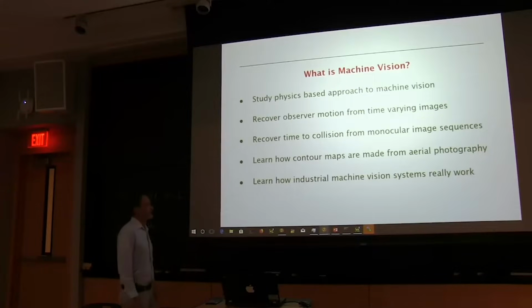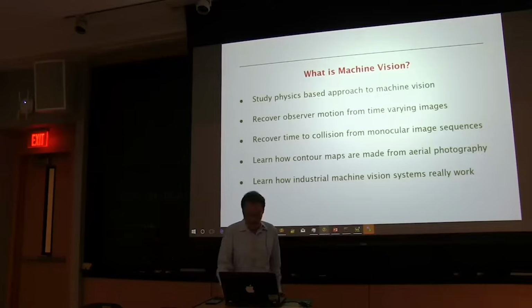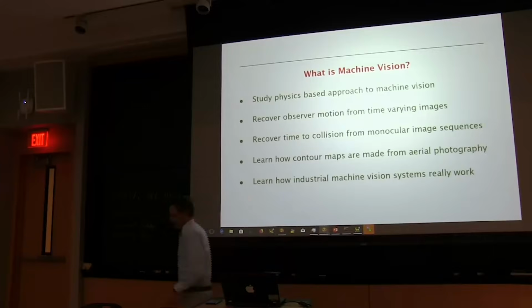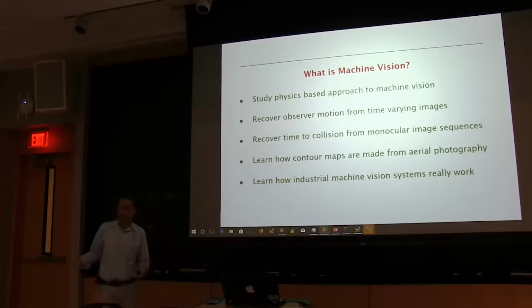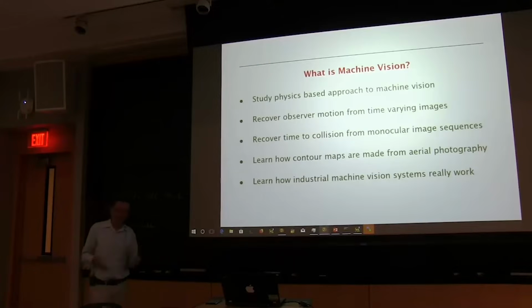Contour maps from aerial photographs, that's how all maps are made these days. And we'll talk about some industrial machine vision work. And that's partly because those systems really have to work very, very well, not like 99% of the time.